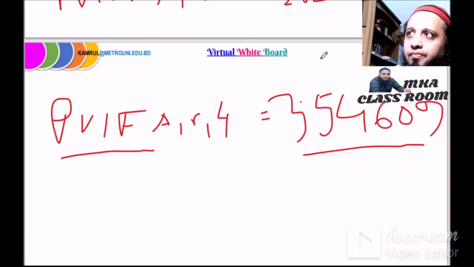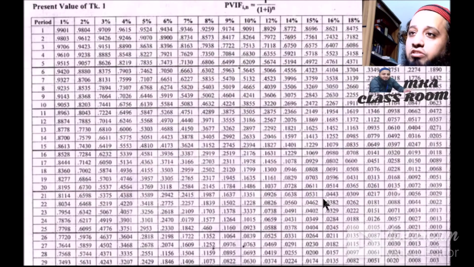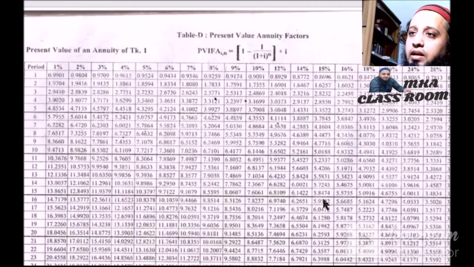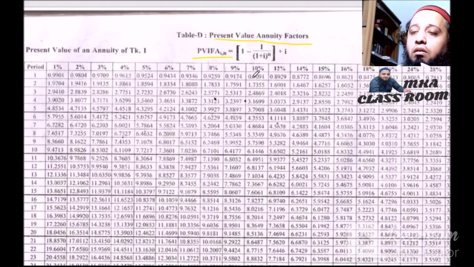So open the table, present value interest factor annuity. So I think this is our table. That is our table.